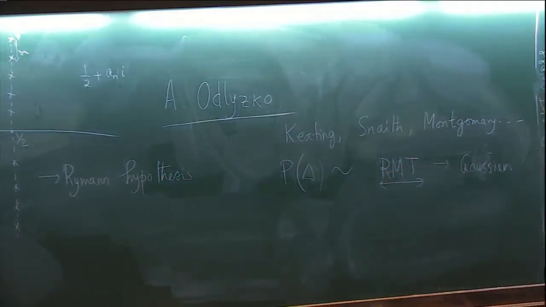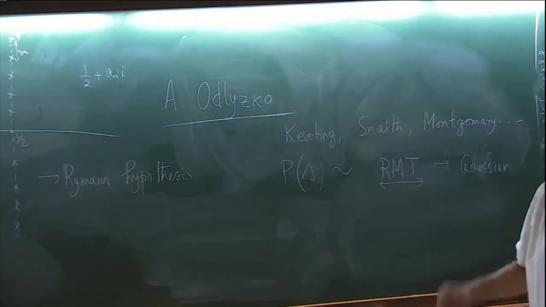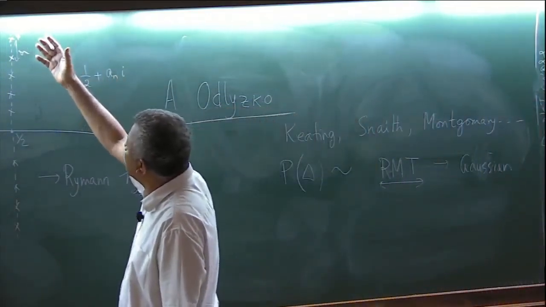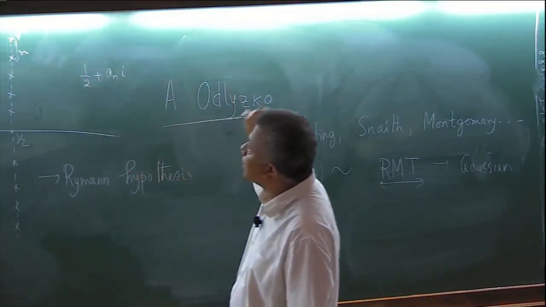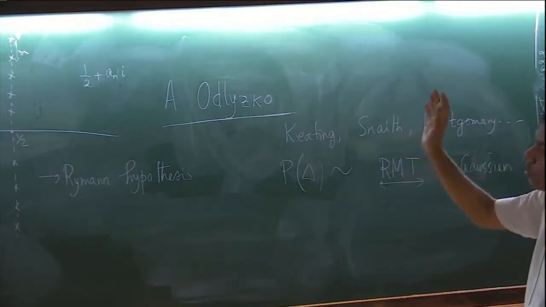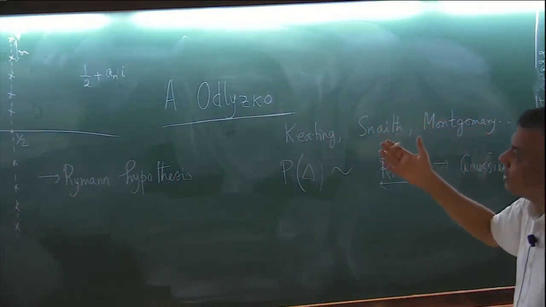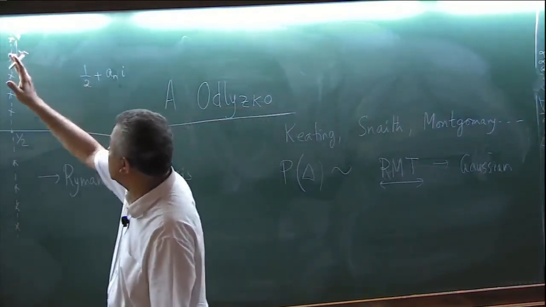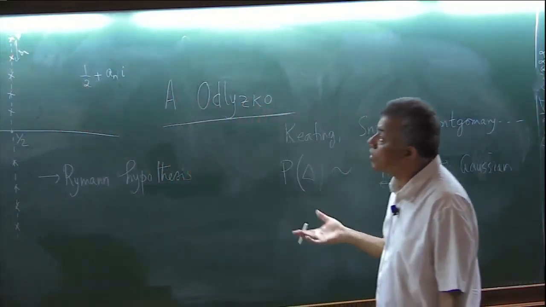So again, you don't see any matrix here. There's no matrix appearance here, but somehow indirectly random matrices appear in these problems. Don't even ask me why random matrix, because nobody knows. This is just an observation that random matrix theory seems to appear here.